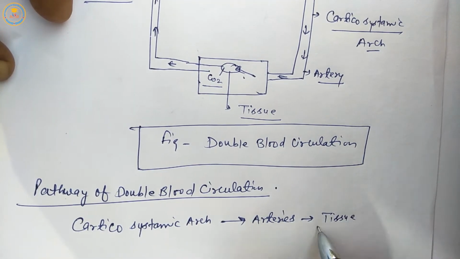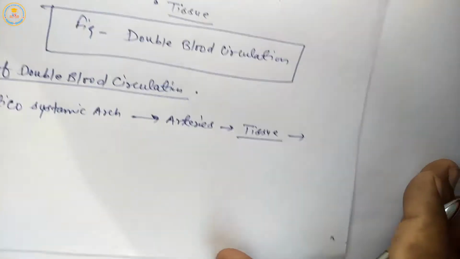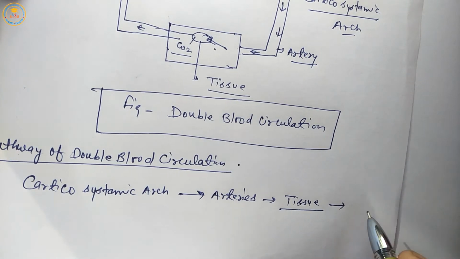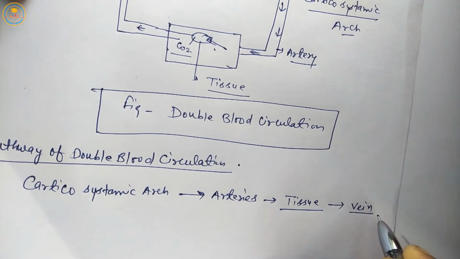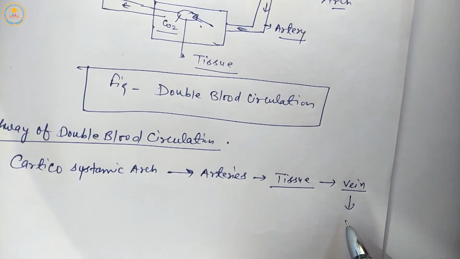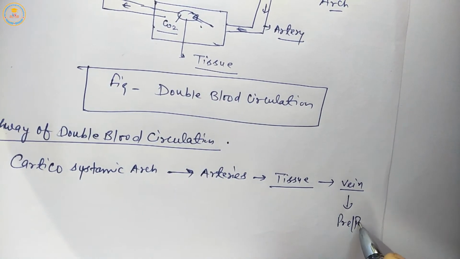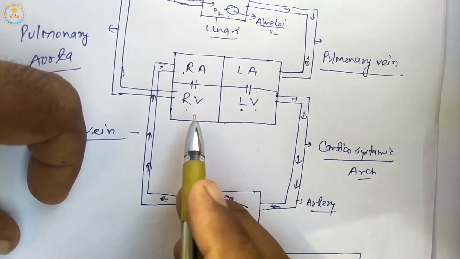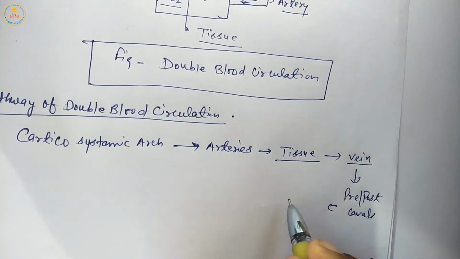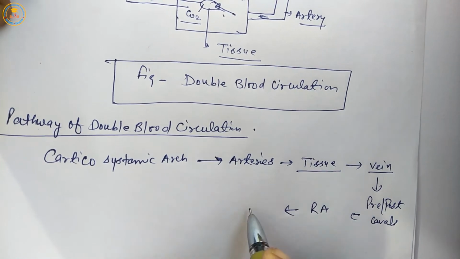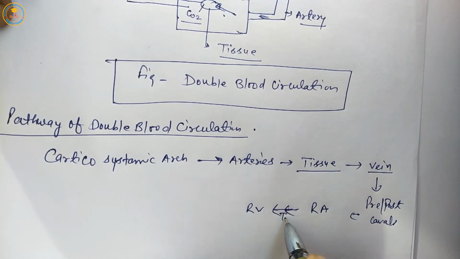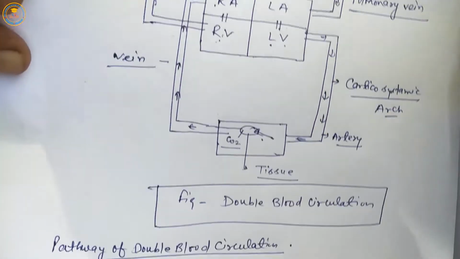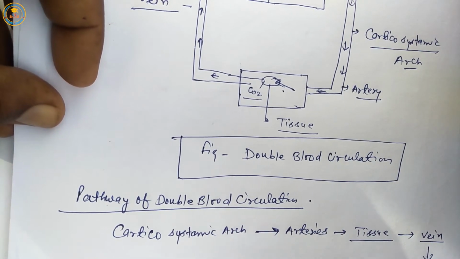In tissues, during oxidation, during the metabolic process, carbon dioxide generated blood forms and is carried by veins. All veins open in the pre and post cavae. The post cavae opens in the right auricle, then through the tricuspid valve in the right ventricle, which carries impure blood by the pulmonary aorta.